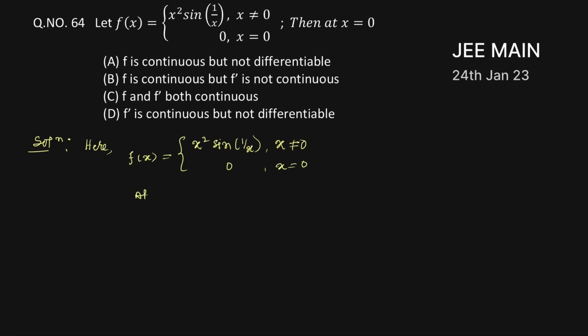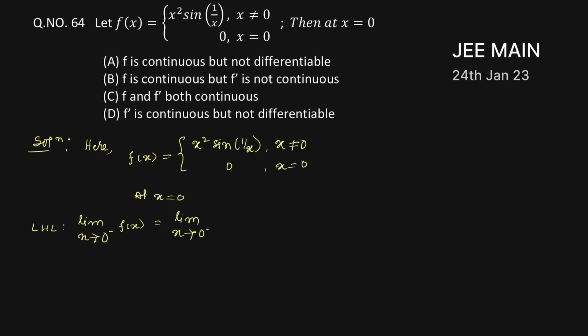At x equal to 0, the left-handed limit, x tends to 0 to power minus. That means the value of x is slightly less than 0, which approaches 0. f of x is equal to limit x tends to 0 minus.